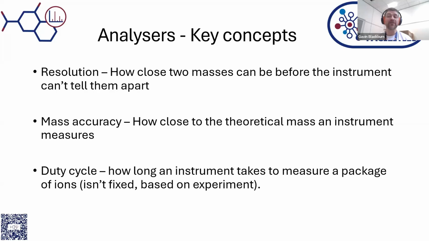So surely unit mass resolution, a single Dalton apart, is going to be absolutely fine to pull these things apart. Well, actually, no. Because of the different combination of elements that you get to make up these molecular formulas, you can get compounds that are very, very close in mass, down to the second or third decimal place. So the resolution of an instrument dictates how many of those different compounds you can pull out.